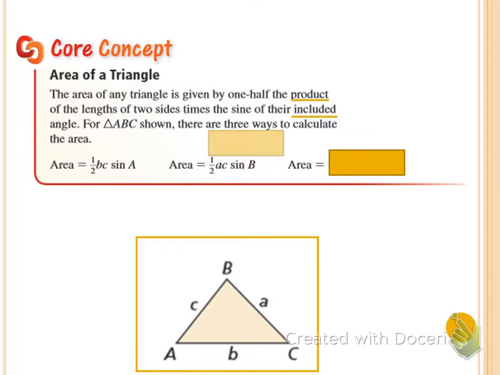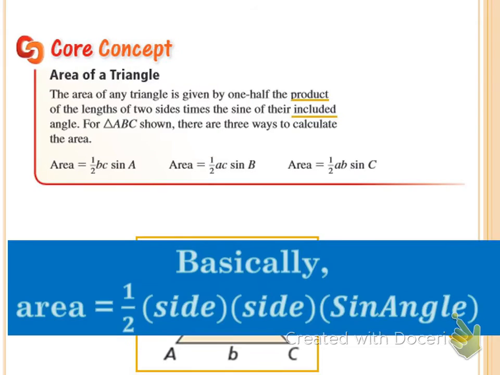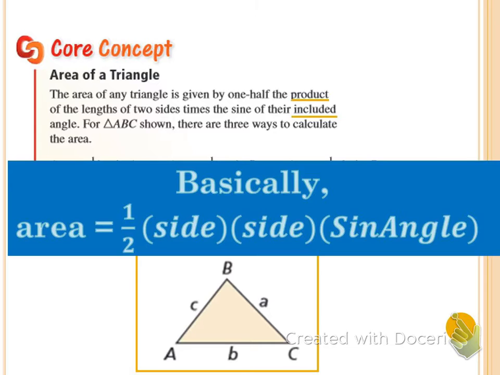Option 2, you would do 1/2 times the length of A, which is here, times the length of C, which is here, sine of angle B. And then last you could do area is 1/2 times the length of A times the length of B times sine of C. So hopefully you saw a pattern there, because it's going to be 1/2 times the side times the side times sine of an angle.